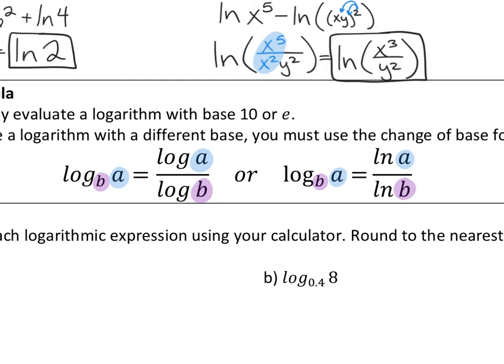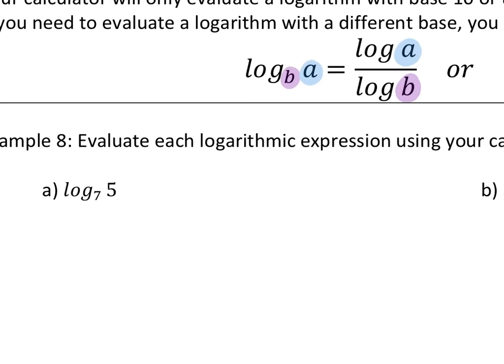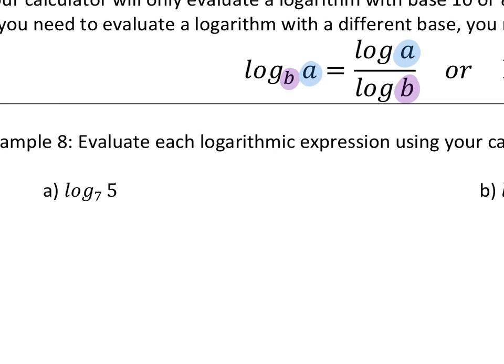So if we were to do a, which is log base 7 of 5, we could do log of 5 divided by log of 7 in our calculator. It does ask me to round to the nearest thousandth. How many decimals is 1,000? 3. So if you do that in your calculator, remember the log button is above the, what's that button called?